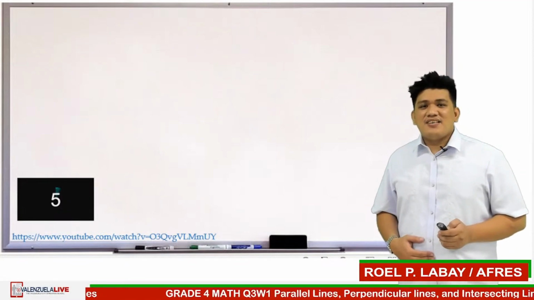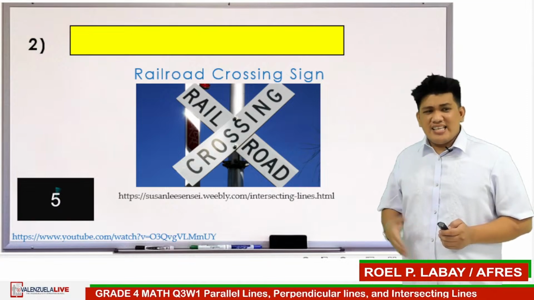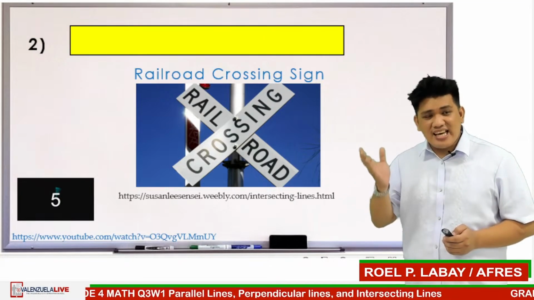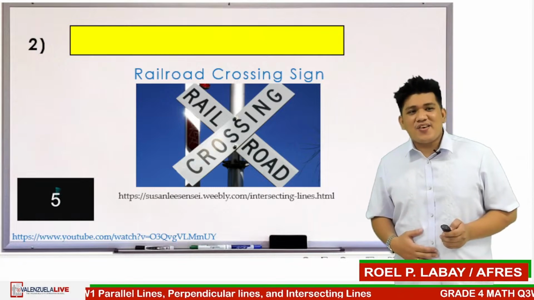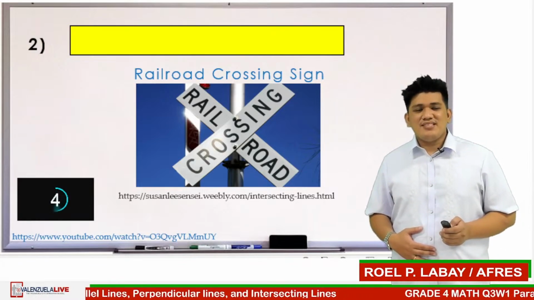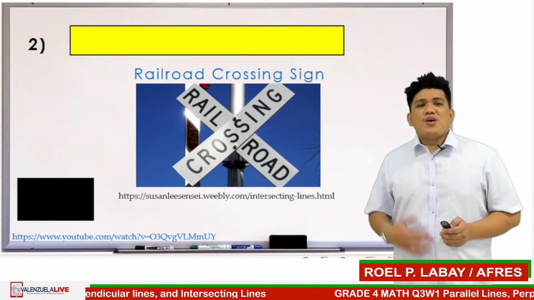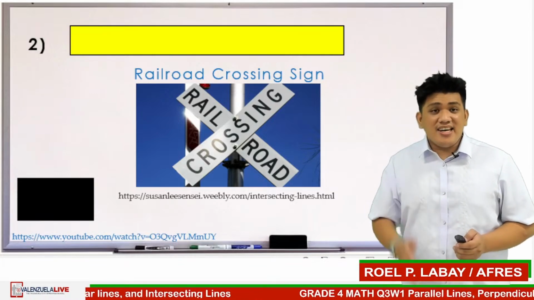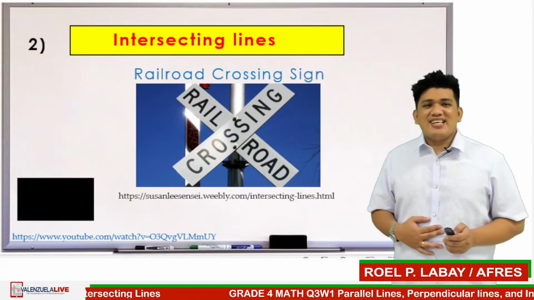Next. How about this figure? Is this parallel lines, intersecting lines, or perpendicular lines? So your 5 seconds starts now. Okay, time's up. The answer is very good, intersecting lines.